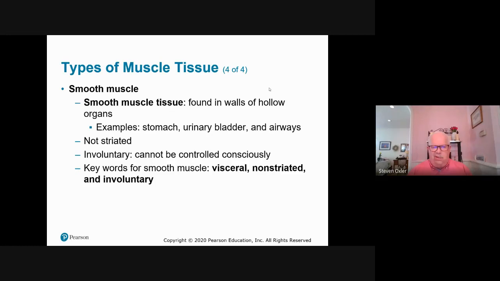It also is involuntary. You cannot control it. So the key words for smooth muscle are visceral, which means organs, non-striated, no stripes, and involuntary. You cannot control it.